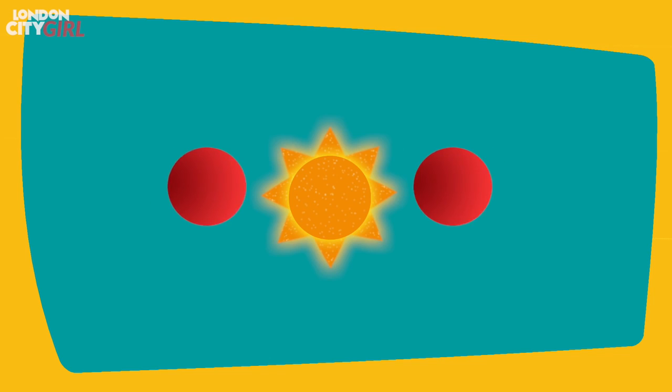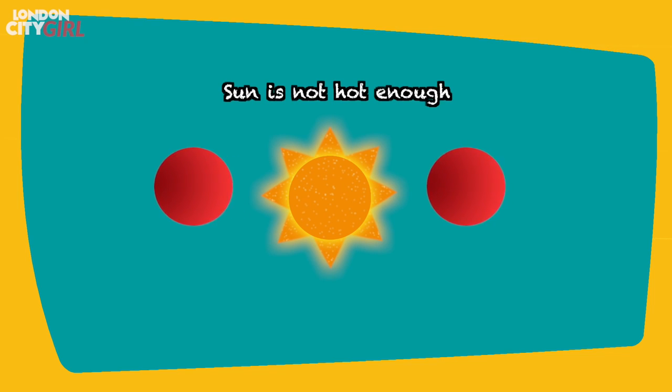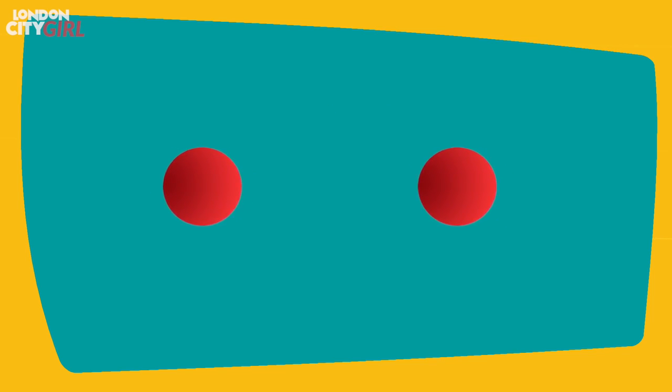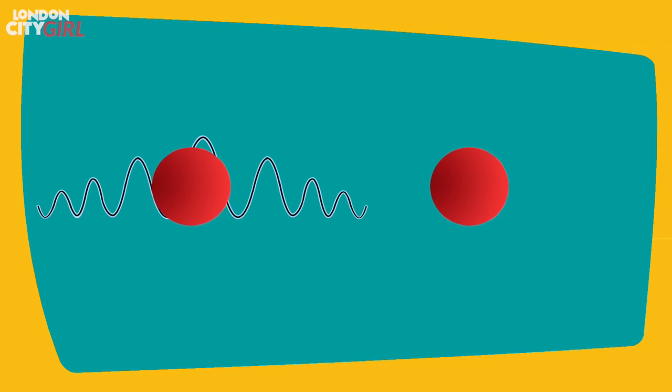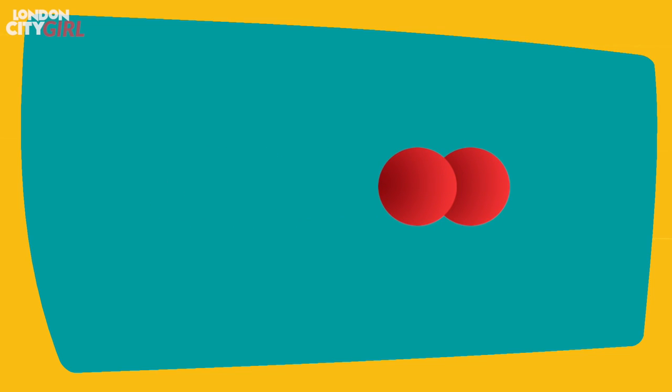However, the Sun isn't hot enough to give the protons the energy required to overcome their repulsion. The reason why the protons can overcome the repulsion between their positive charges is down to quantum tunneling. Owing to the proton's wave function, there is a small probability that some of them will tunnel across the barrier and fuse with the other proton, creating heavier elements and thus fueling the Sun.